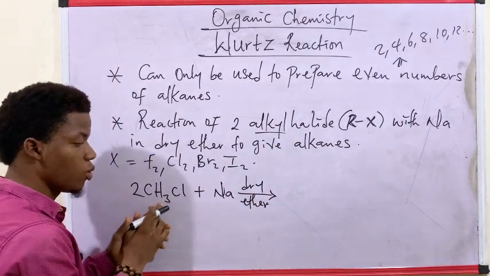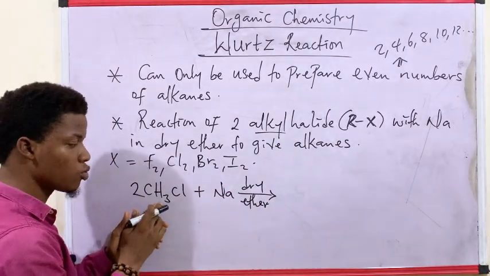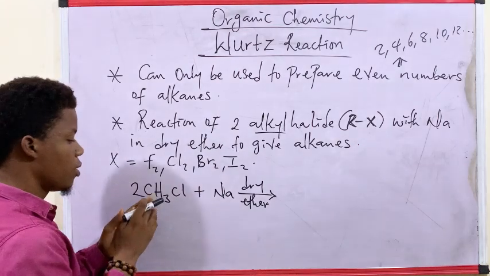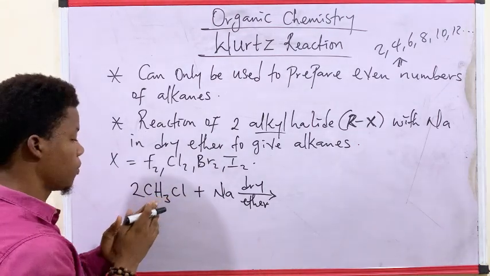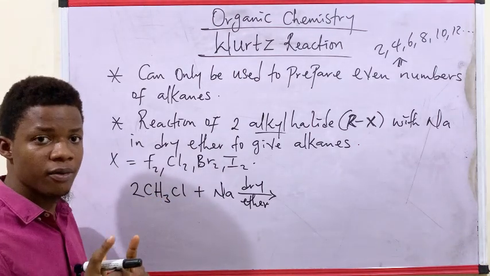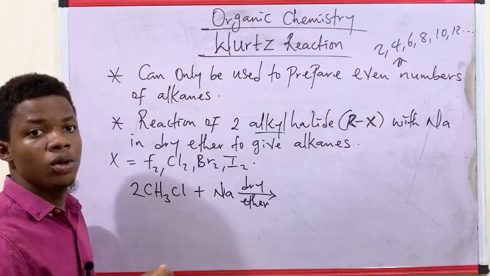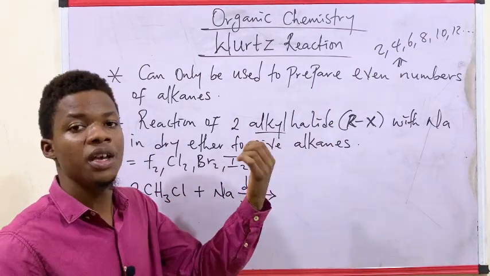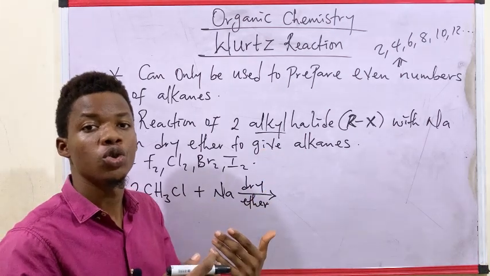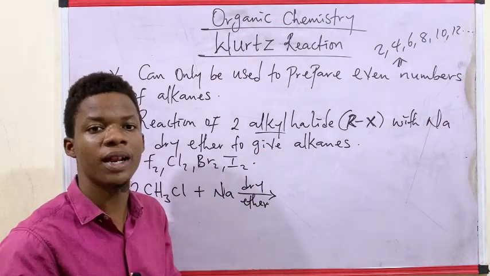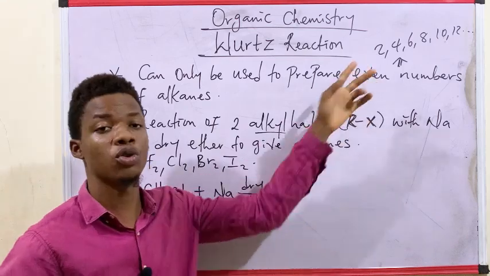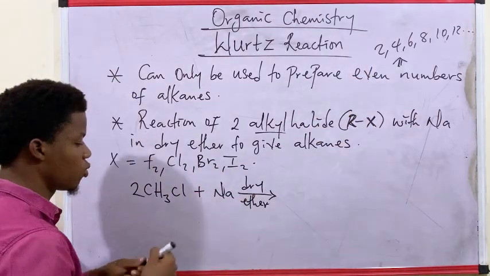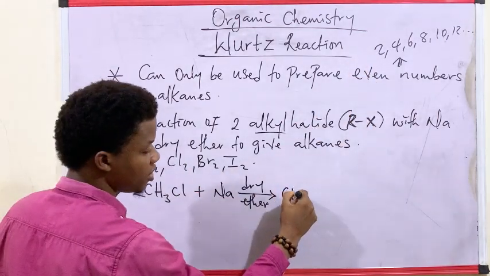So two of these will now give us, remember we are using methyl, and we need to get an even number. So what's the even number that is very close to 1? It is 2.